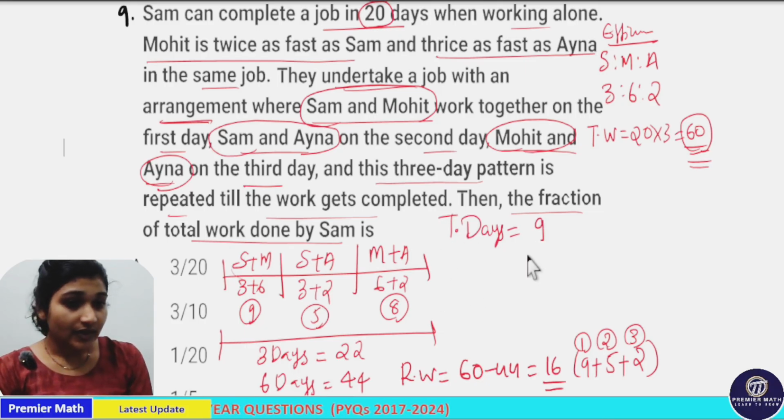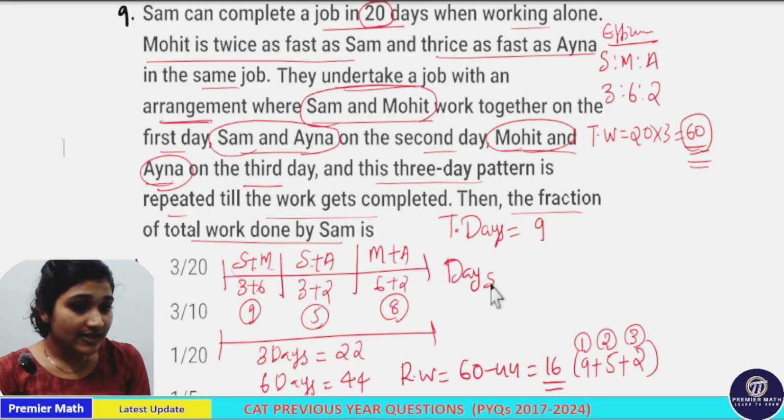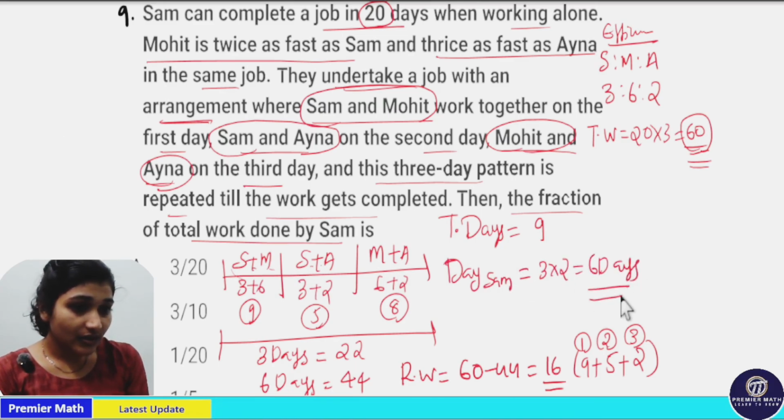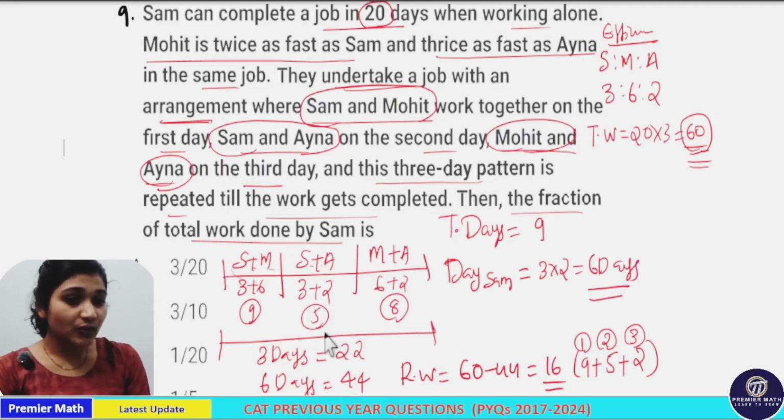And in these 9 days, Sam will work for 6 days, because in every 3 days Sam works 2 days. So the number of days taken by Sam is 3 into 2, 6 days. In 6 days, Sam will complete 6 into 3, 18 units of work.